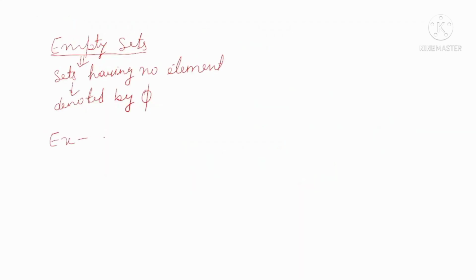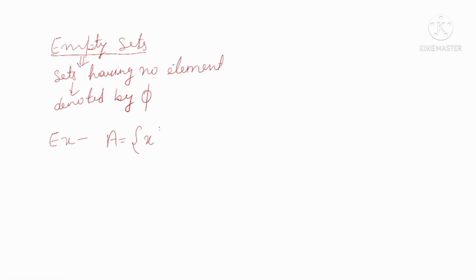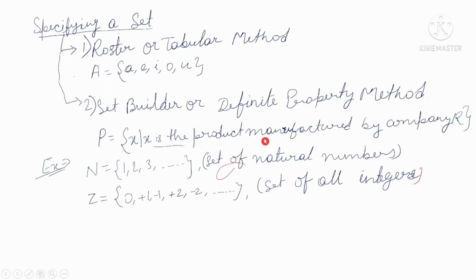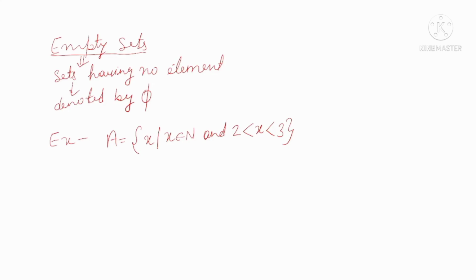it may be like, you see, A is a set of x, where x belongs to N, meaning natural numbers, and the condition given is that x is in between 2 and 3. We know there is no natural number in between 2 and 3.